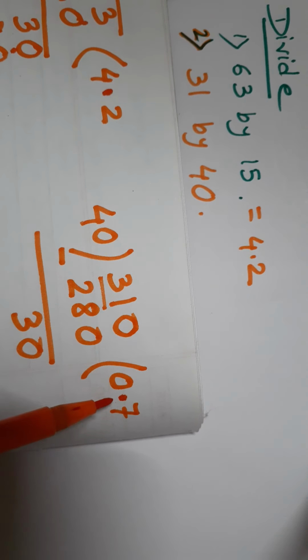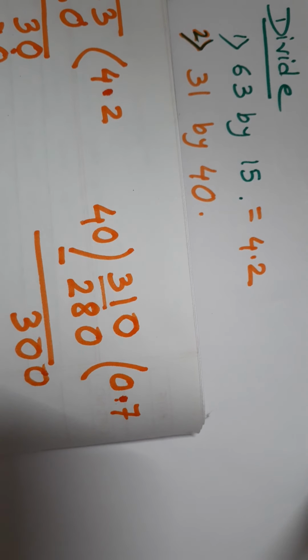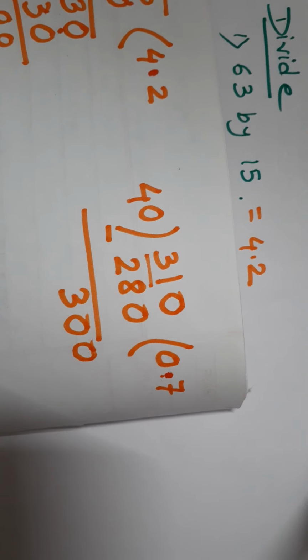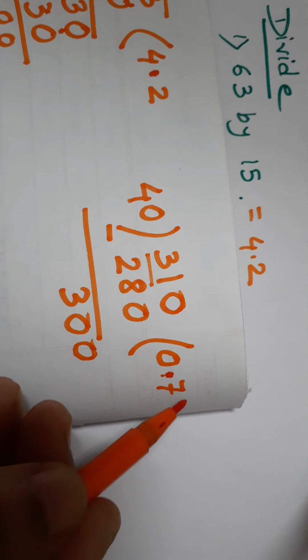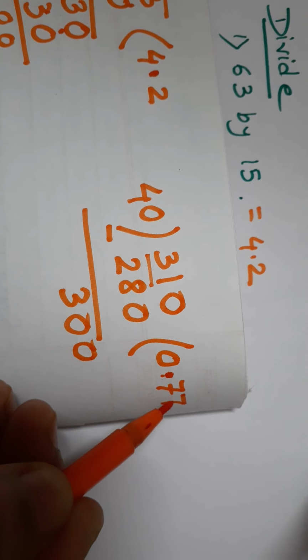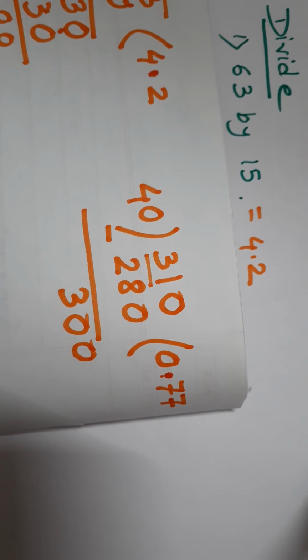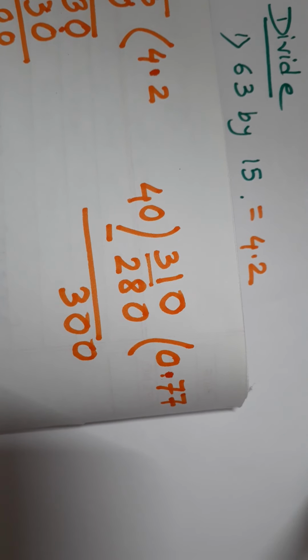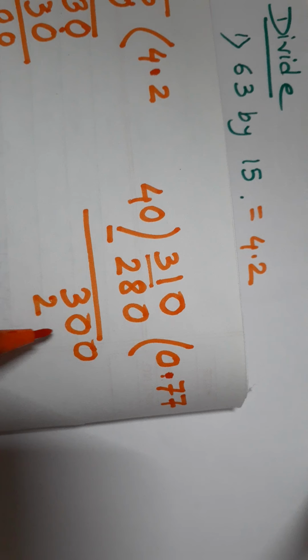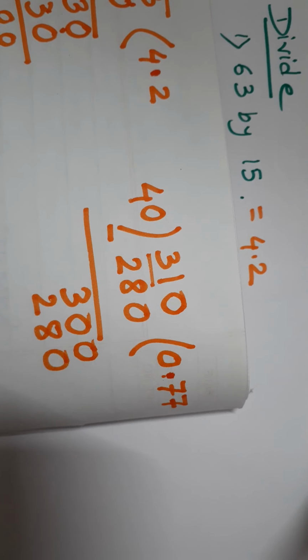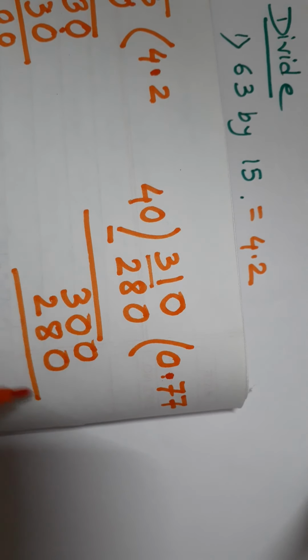Here one decimal point is already present, and we can add one more zero over here. Then again, how many times will 40 go into 300? 7 times. That means again we will get 280. Then we subtract and we get 20.